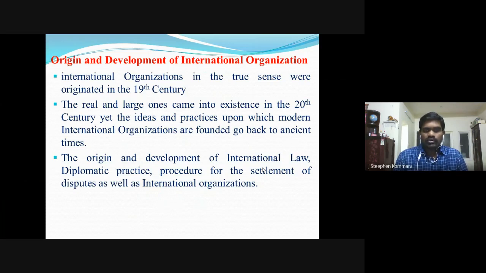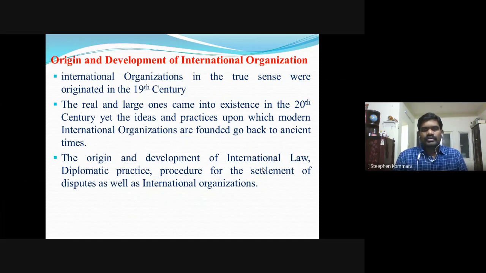The origin and development of international law, diplomatic practice, procedure for the settlement of disputes, as well as international organizations. So the basic concept is the origin of international organization. Actually, it originated in the 19th century, but it came into existence in the 20th century.